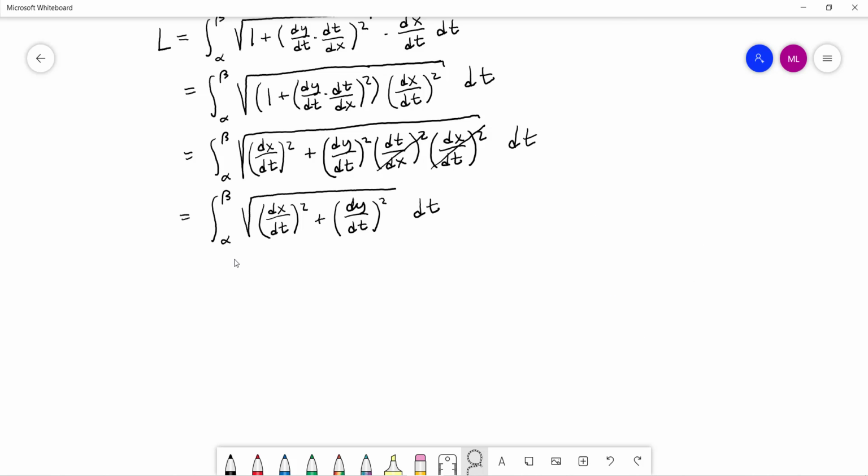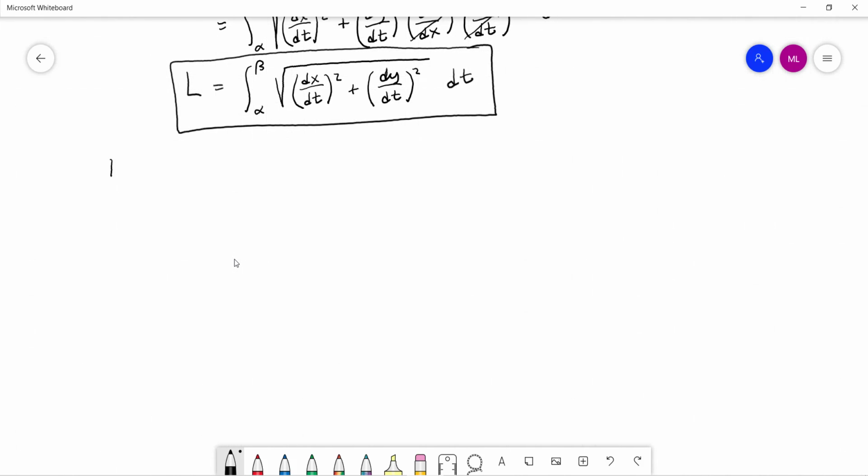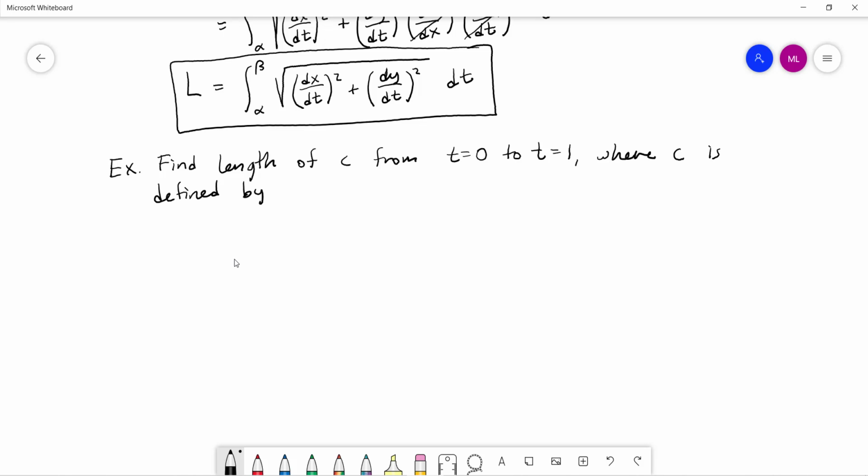Okay, but end of the day, this is the formula that you need to know. So, as an example, maybe I want to find the length of C from t equals 0 to t equals 1, where the curve C is defined by the following parametric representation.